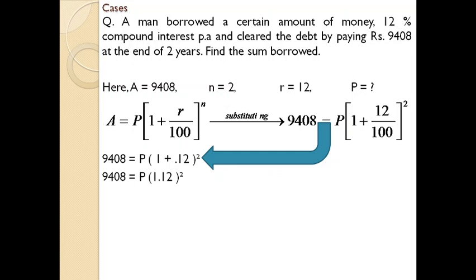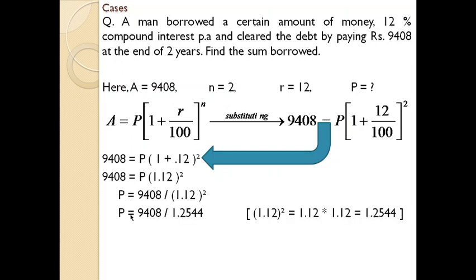You can either take the square of this number from this point or towards the end. So P equal to 9408 divided by 1.12 raised to 2. So P equal to 9408 divided by 1.2544, that is the square of 1.12. Finally, P is 7500.